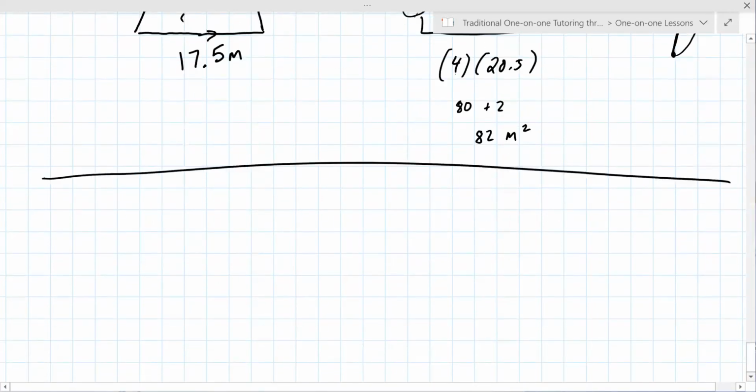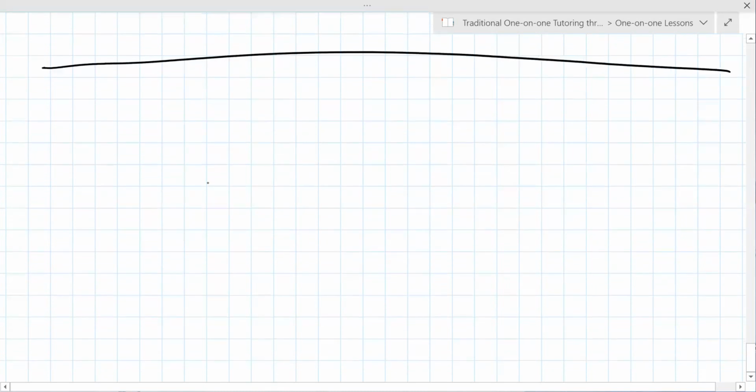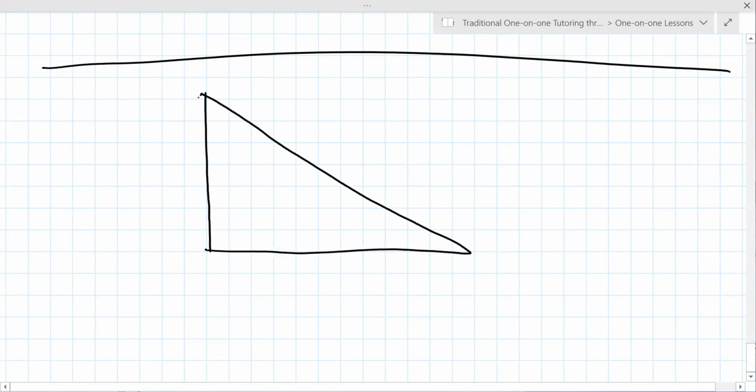Okay, so let's look at a composite shape here. I'll get a true composite shape, but I'm going to just draw this one first. What is this that I have drawn? That's a triangle. Now watch this. If I put these two points in, there are actually 3 shapes here.